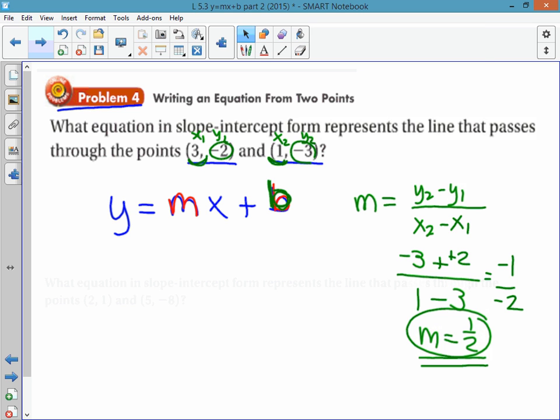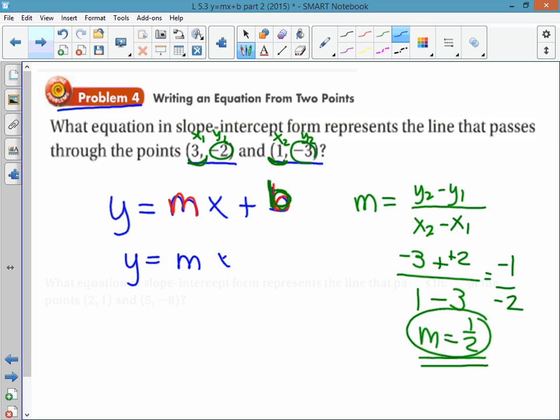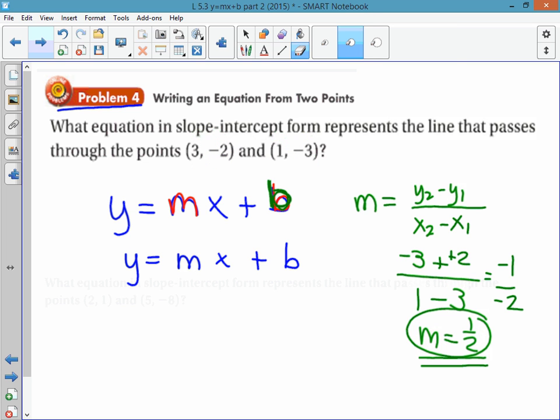In order to figure out what b is, you're going to take the equation y equals mx plus b, and you're going to substitute values into this equation and solve for b. So you're given 2 sets of points, 2 sets of coordinates in the beginning. All you have to do right now is pick a set. I'm going to pick the second set because it looks easier to me.